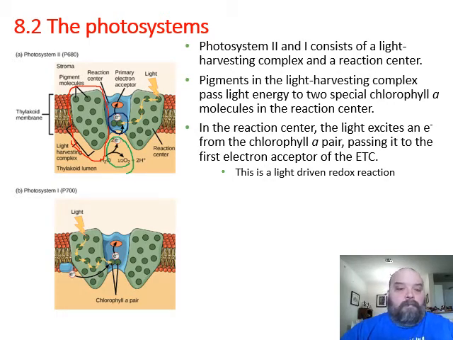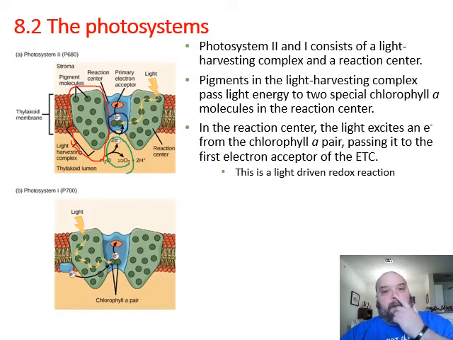Now, if you look down the bottom there, photosystem 1 has quite a bit of the same thing going on here. Whereas photosystem 2 has P680, also known as chlorophyll A, photosystem 1 has P700, chlorophyll B. And what you'll notice is there's no splitting of water here.